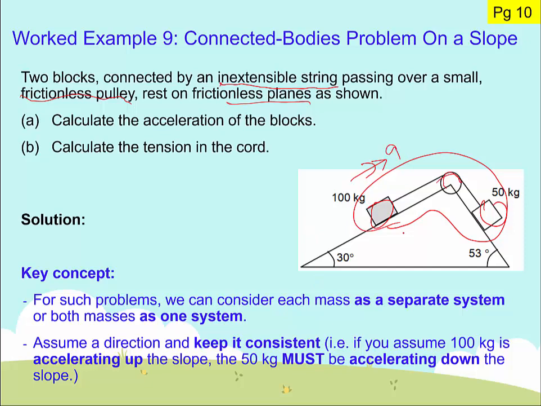If this is accelerating upwards, then this mass should move up and this mass should move down. Likewise, I could also assume that it is accelerating in the opposite direction. So for example, I can assume that it's accelerating downwards here. So in this case, the 50 kg mass must be accelerating upwards.